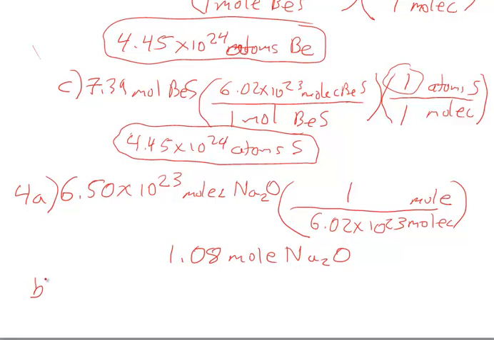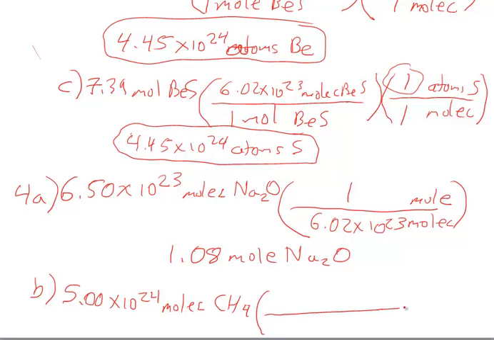For B, we're starting with 5.00 times 10 to the 24th molecules of CH4. Once again, we want to cancel molecules of CH4.